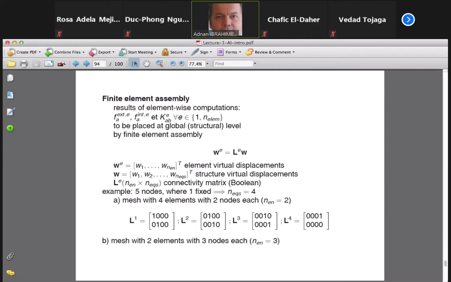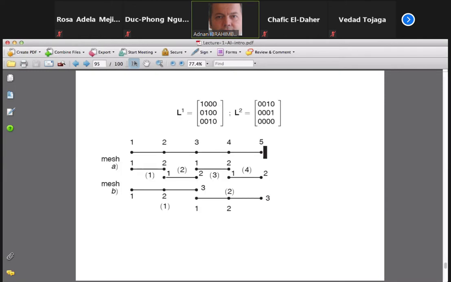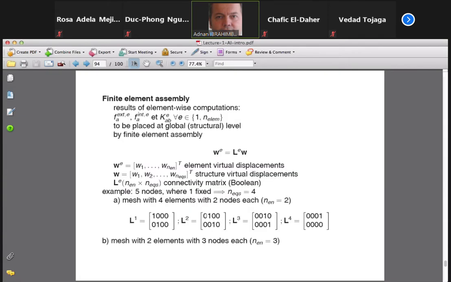Now, for the second element, this is no longer the case. Here you still have nodes 1 and 2 locally, but they are now called nodes 2 and 3 globally. So this second L will have shifted 1 and 1. That would simply mean that W1 locally for element 2 is the same as W2 globally, and then W2 locally for element 2 would be the same as W3, and so on.